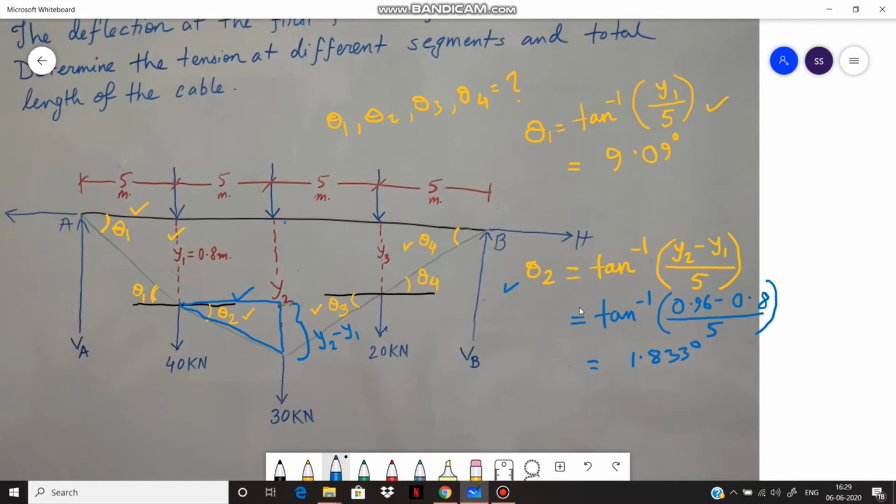The same applies for theta 3. So how do we calculate?